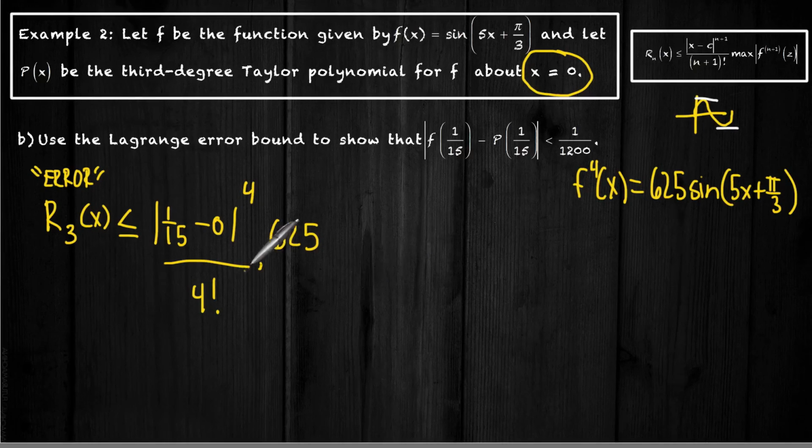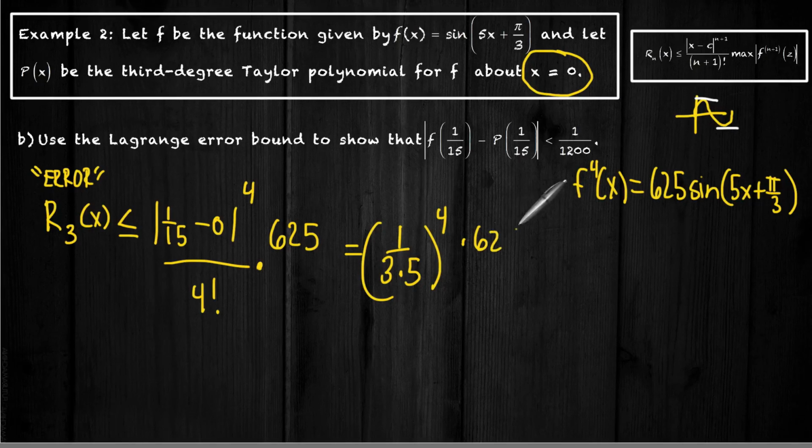And without a calculator, we got to get kind of clever here to evaluate this. So what we'll say is, we will say 1 over 15, I'm going to break that up as 3 times 5 to the 4th power, times 625 over 4 factorial. And so now I'm going to raise both 3 to the 4th and 5 to the 4th.